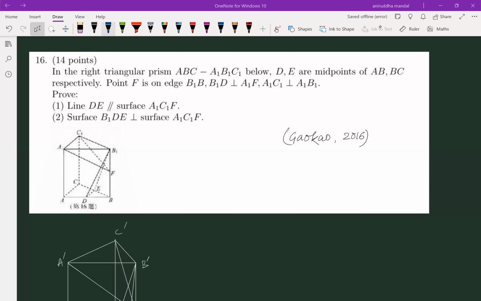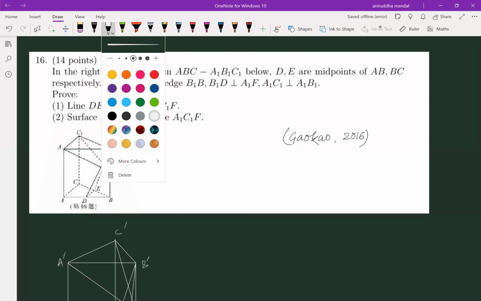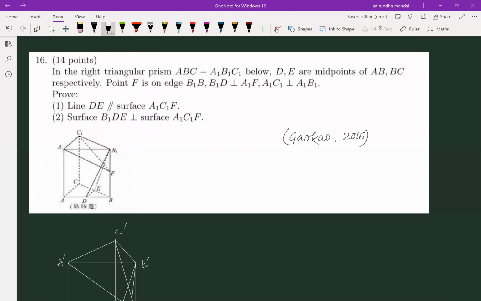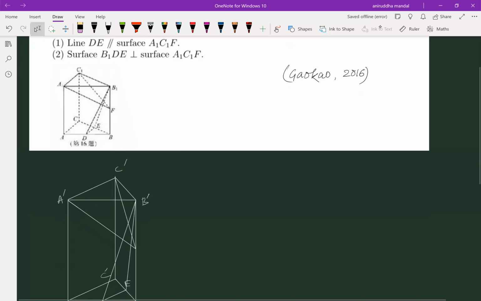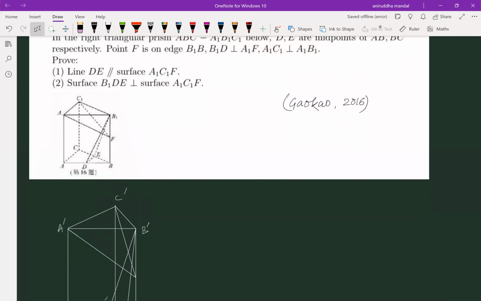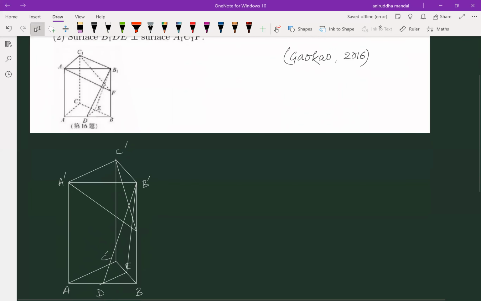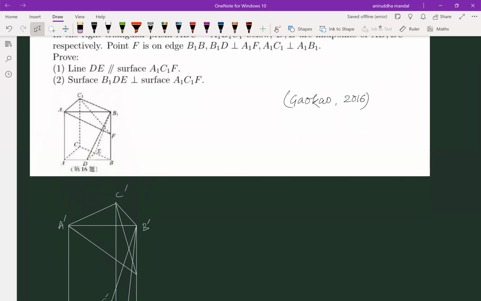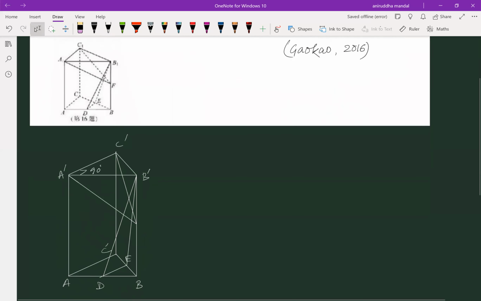Okay, so I have to draw this figure again. So this is the figure, and based on the information it is given that A1C1 is perpendicular to A1B1, which means this is 90 degrees.